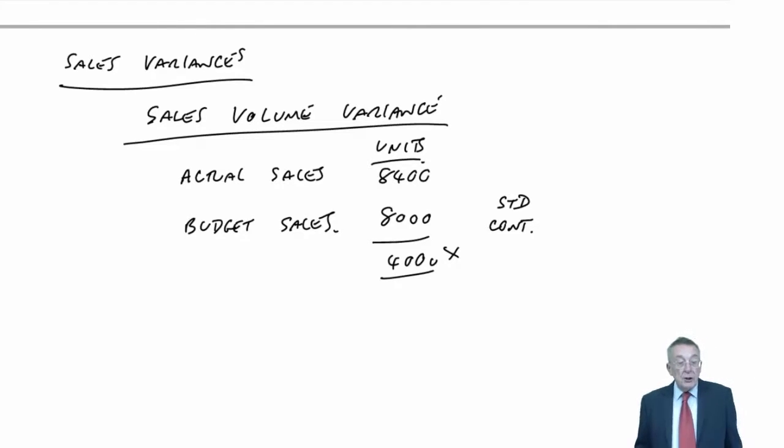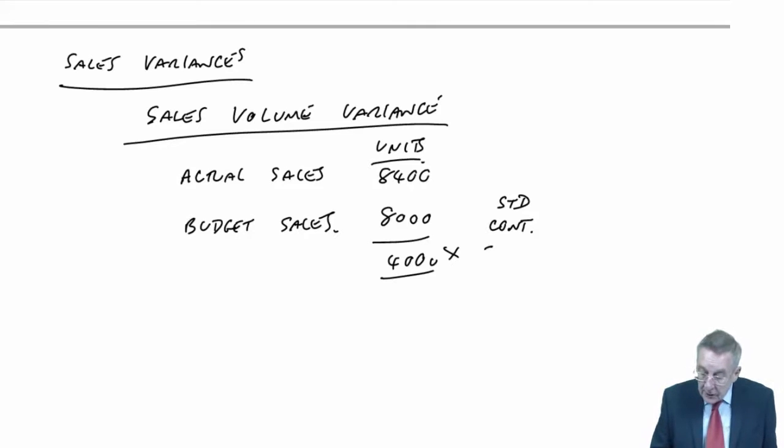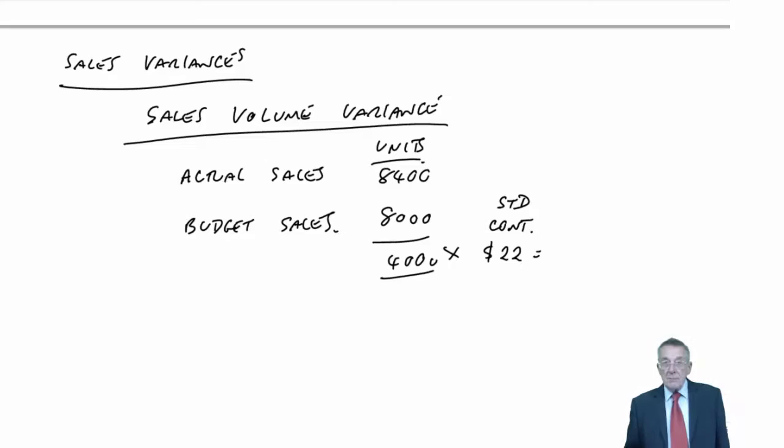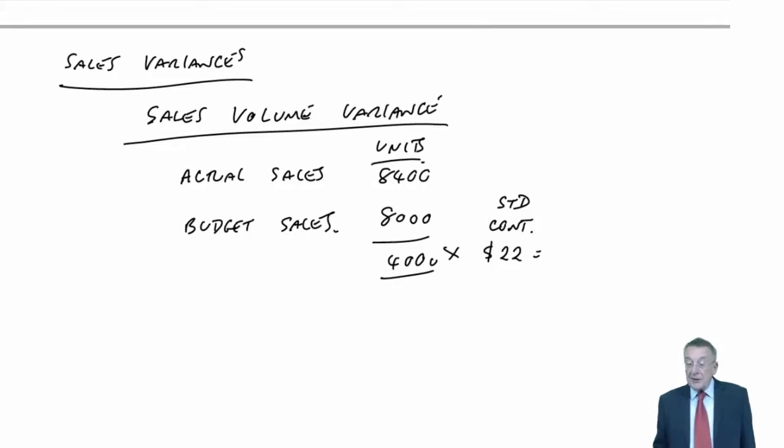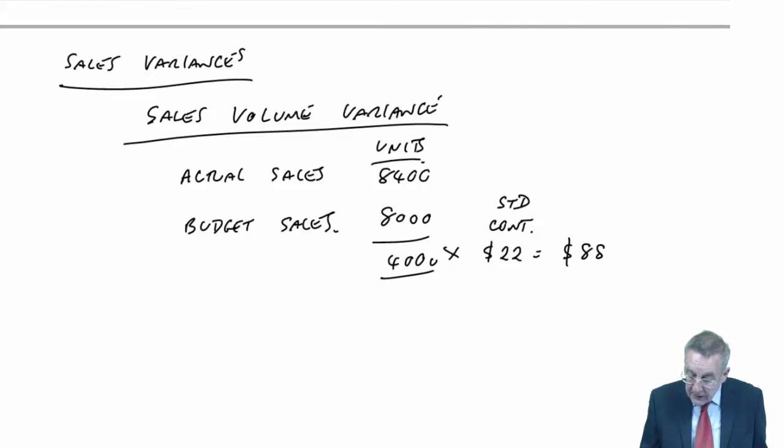The standard marginal cost was 53. So the contribution is 22 a unit. So if everything else had been perfect, that would give us extra profit of 8,800. It's favourable.